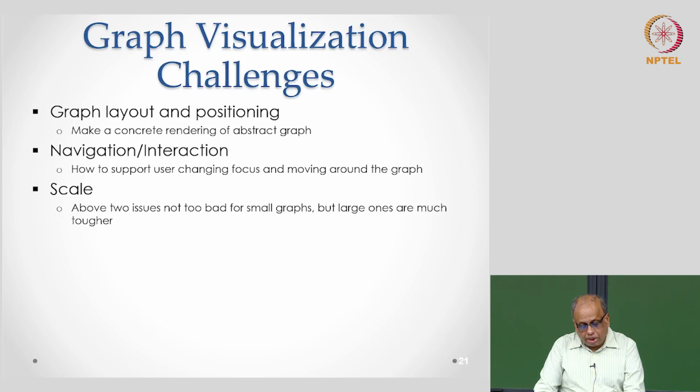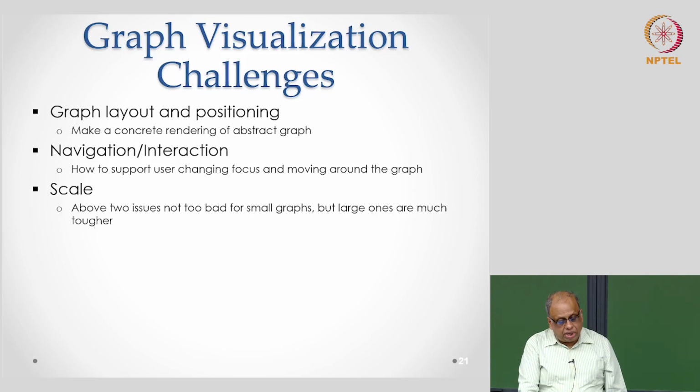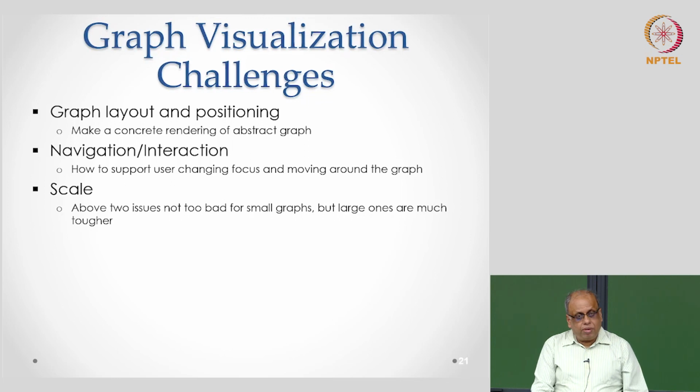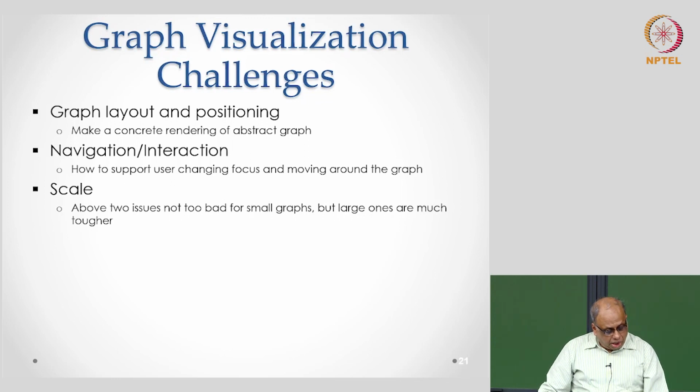So if the graph is really huge, both the layout and the interaction are big problems. These are some of the major challenges, and we will see what people have done so far to solve these problems. There are still a lot of open areas, as these problems have not been solved efficiently so far.